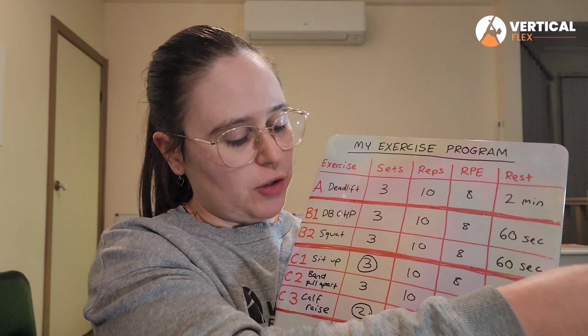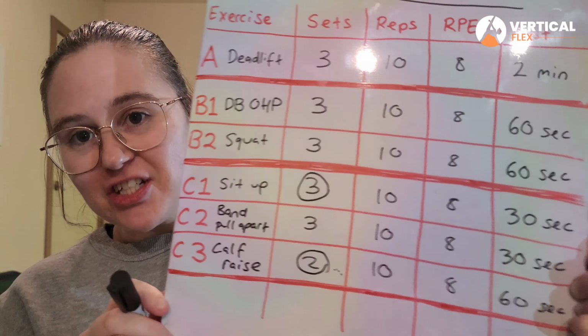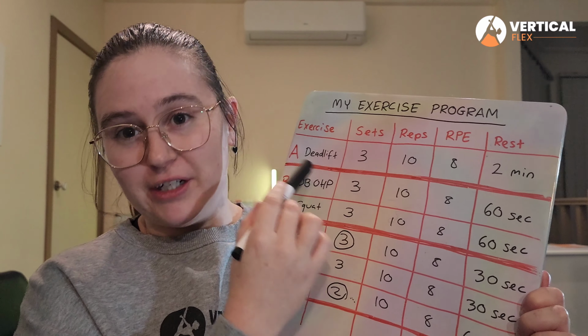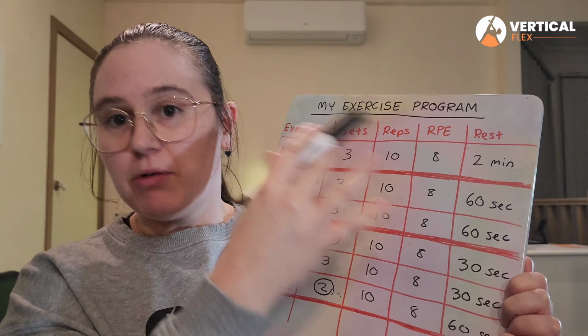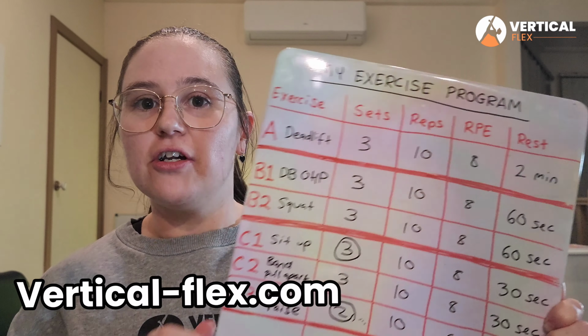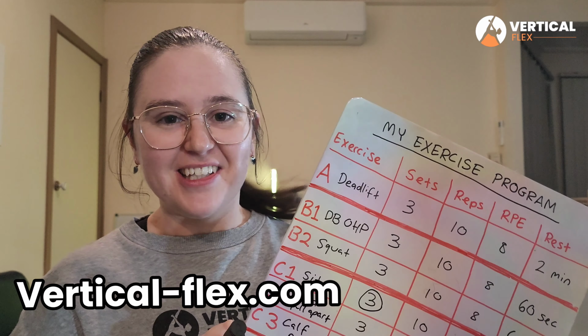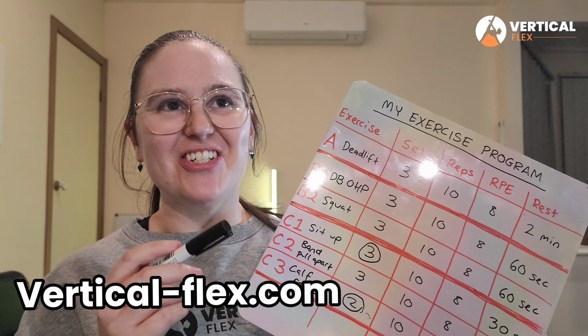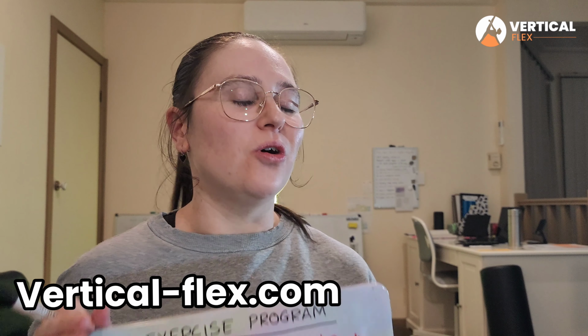This might not be a super common way to do it, but just for the sake of showing you that you read it from left to right, you keep going through the letter until the letter is finished, and then you are done. So hopefully that thoroughly explains how to read the numbers and letters in your workout program.